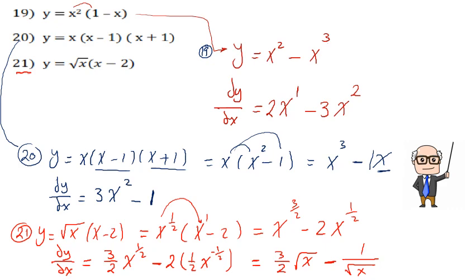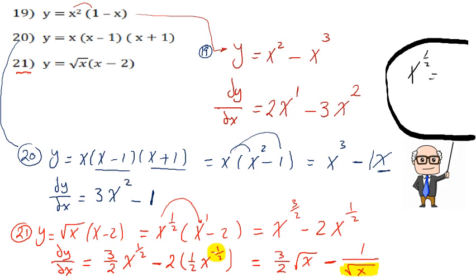Notice that here the power is negative in the numerator, so I'm taking it down to the denominator. So don't forget that. X to the power of half is equal to root x. But x to the power of negative half is 1 over root of x.